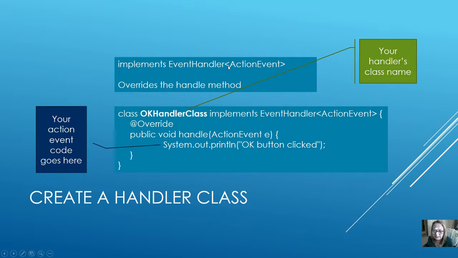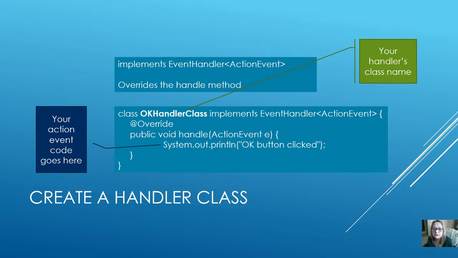Whenever we see this less than, greater than bracketing, we're talking about a data type. So ActionEvent is a class that's been defined in Java that allows us to use it as a data type. When we implement that event handler, we're going to have to override the handle method, because that's specified in the interface that we implement.